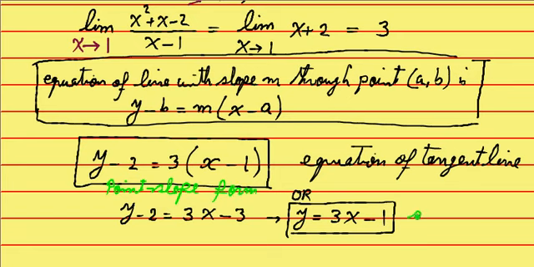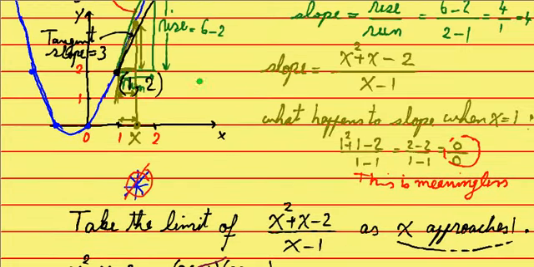This is called slope intercept form. So here the slope is 3, the intercept is -1. What intercept are you talking about?